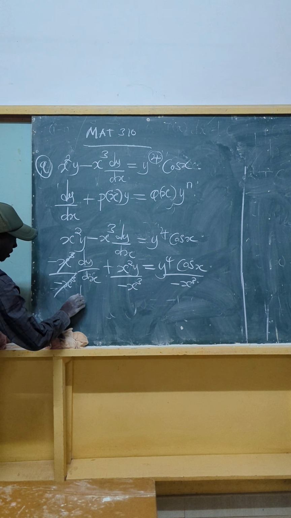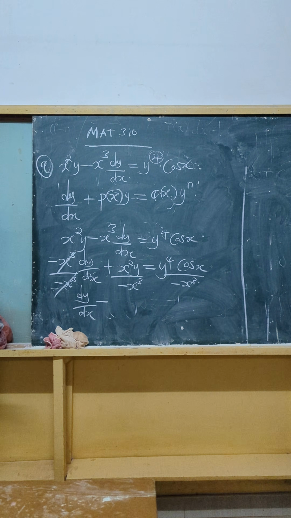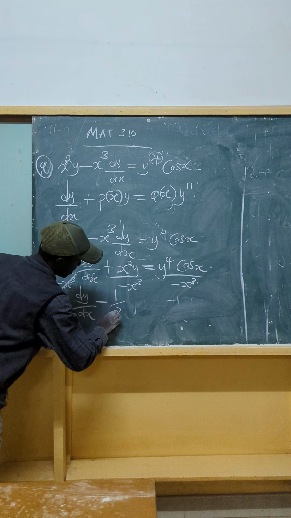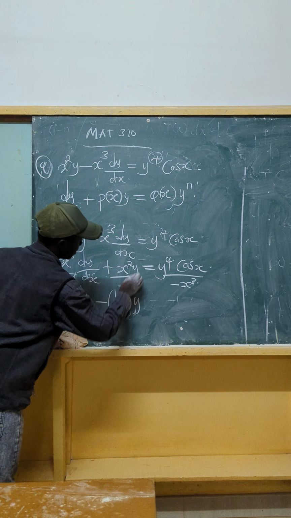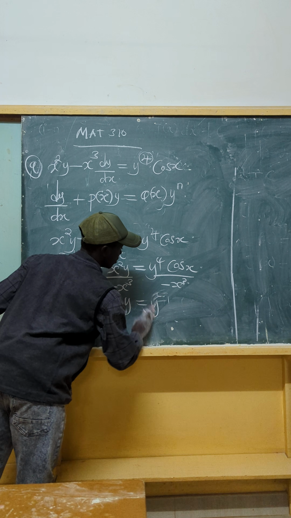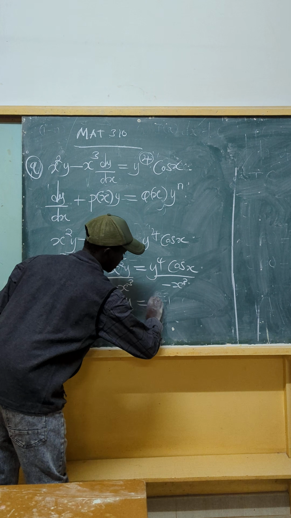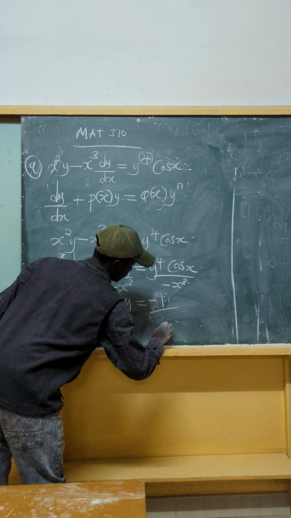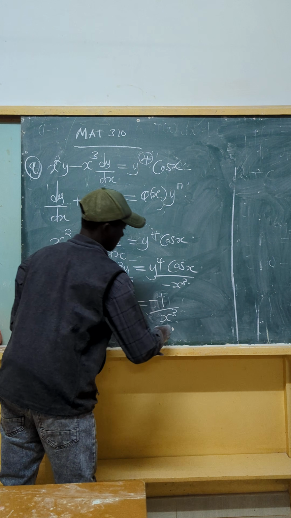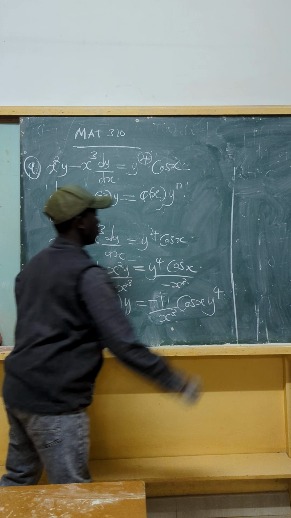It becomes dy over dx minus 1 over x times y equals, as you can see we have the negative here, so we write this as negative 1 over x cubed, then cos x y power 4.